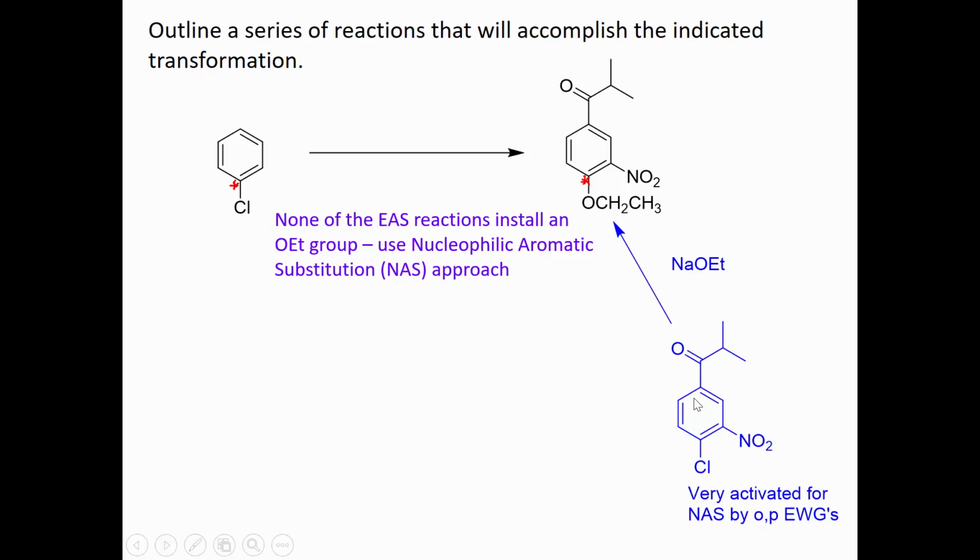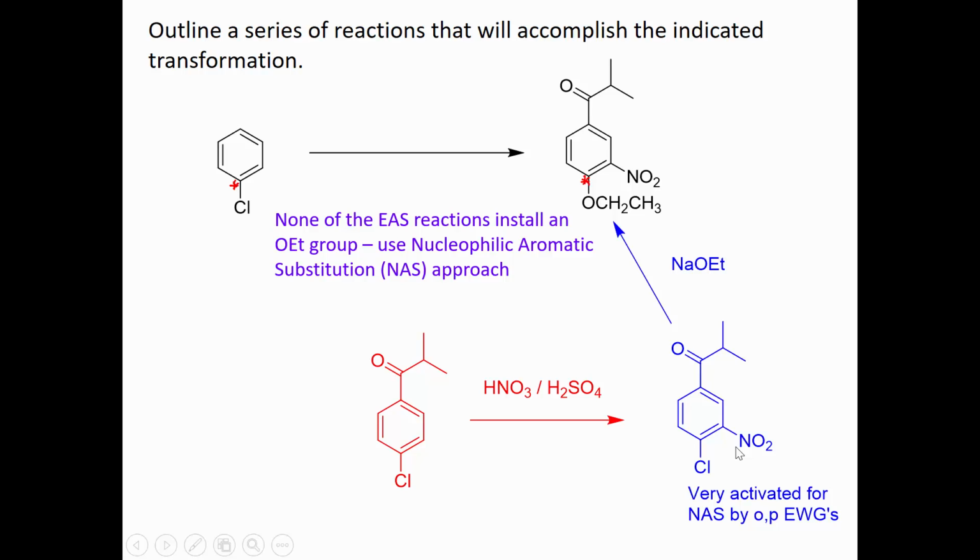And what you see here now is that we have the acyl group, para, and the nitro group, ortho, so we're going to take advantage of the fact that chlorine is an ortho-para director, and we're going to add the acyl group first since we usually get more para than ortho. Okay, so our second to last step is going to be nitration of this group here.